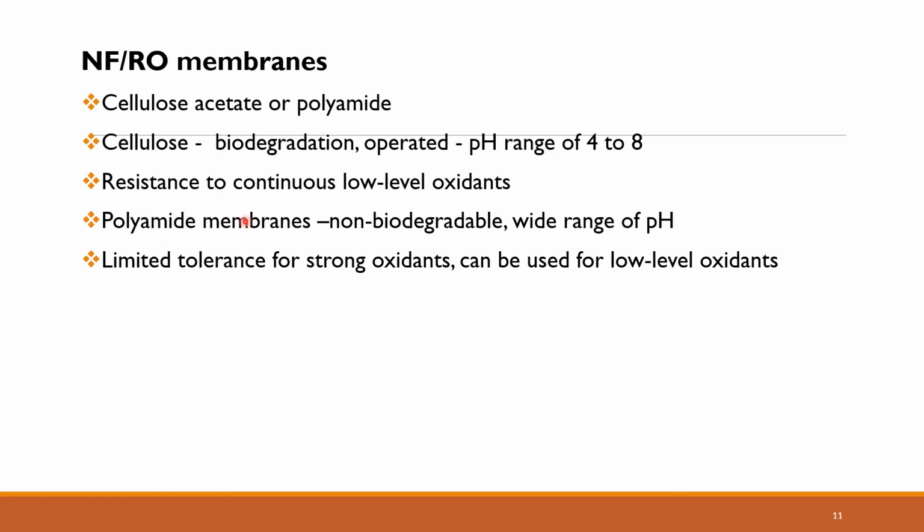They offer some tolerance for strong oxidants, which is limited, but they can be used for low-level oxidants, that is, continuous exposure to low-level oxidants will not damage the membrane.